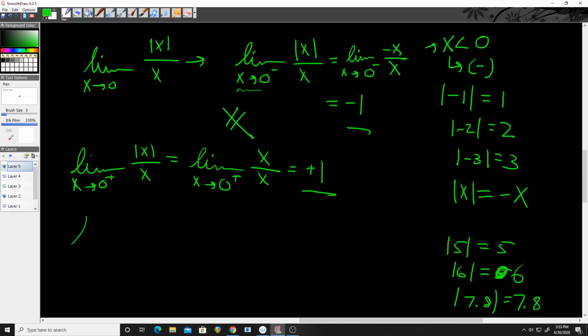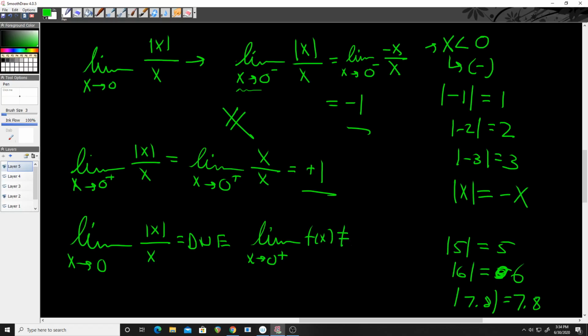So therefore, the limit as x approaches 0 of the function absolute value of x over x does not exist, because the left-hand limit is not the same as the right-hand limit. Let me get my eraser back out of here.